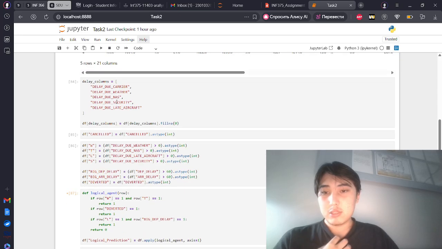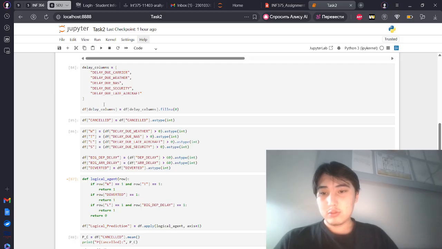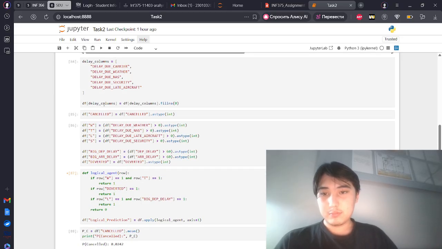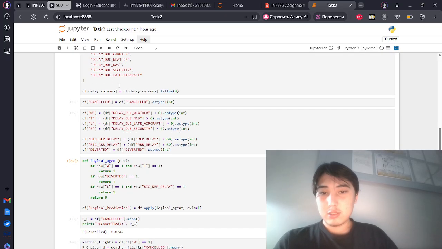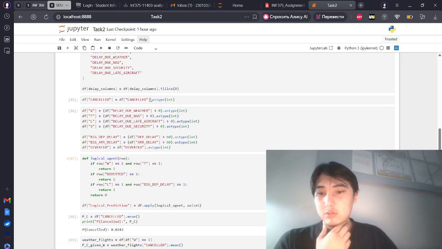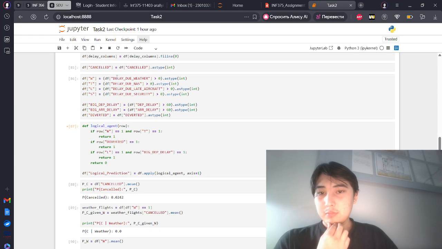Then I took only the columns that I will work with, and created a new data frame, a new array with only these columns, and then I cleaned it. I filled all missing values with 0.